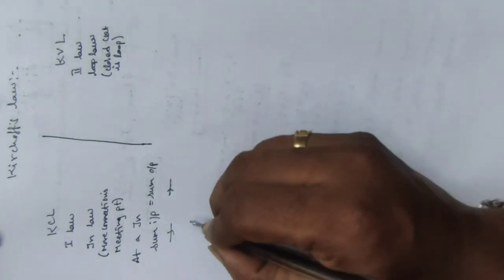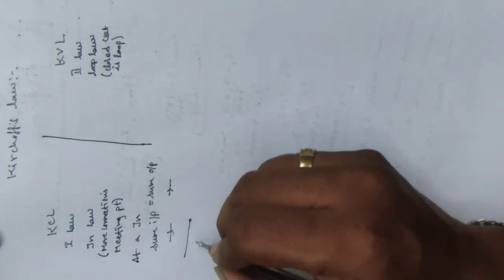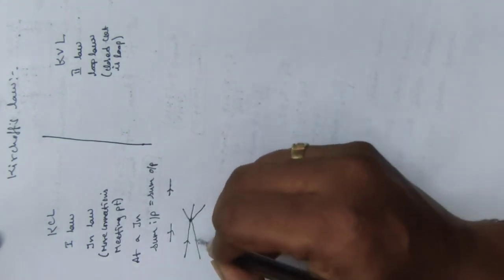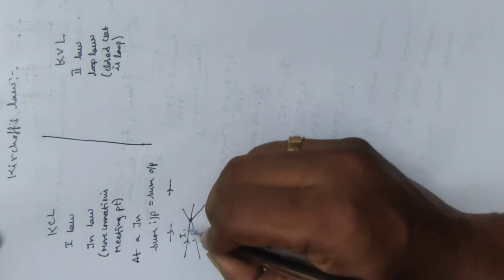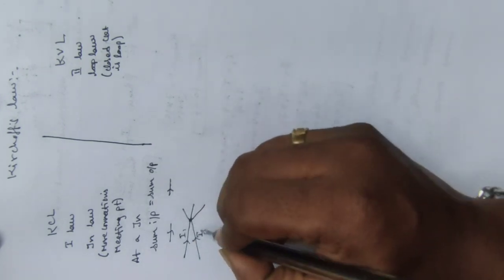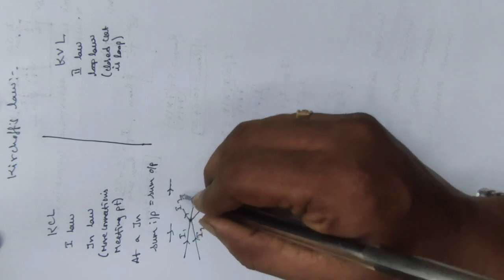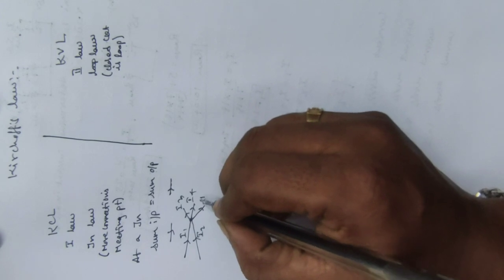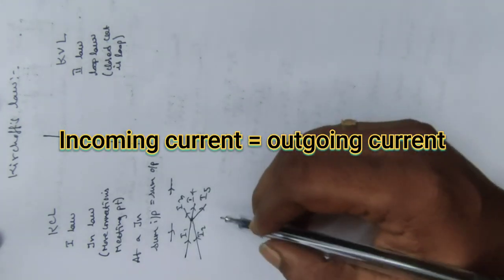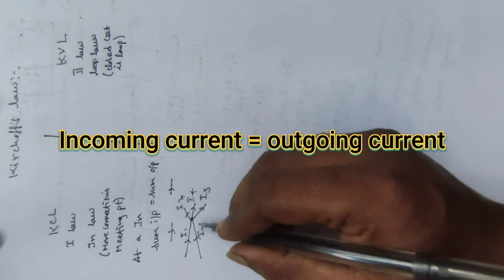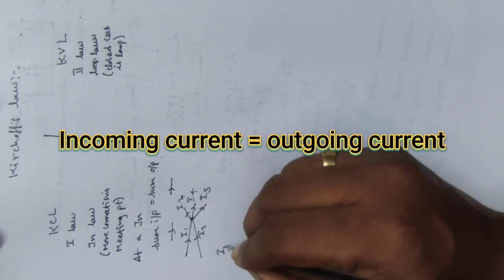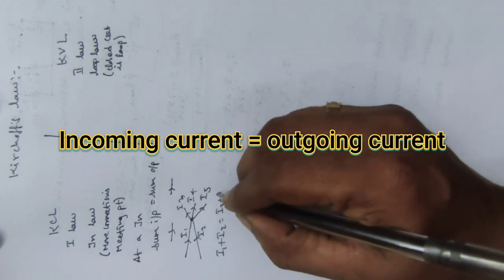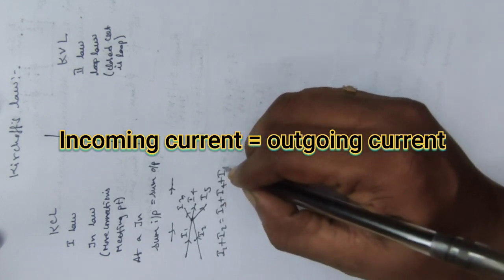It means that at a particular junction, if you have n number of connections, all the currents coming towards the junction are incoming currents. All the currents going away from the junction are outgoing currents. According to this example, if you apply Kirchoff's current law, we get the expression I1 plus I2 equals I3 plus I4 plus I5.